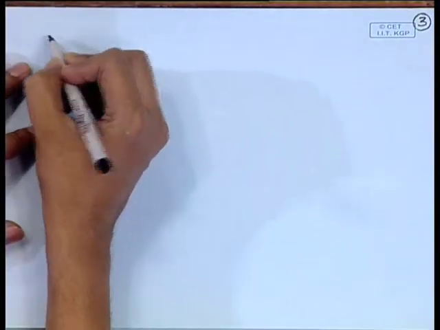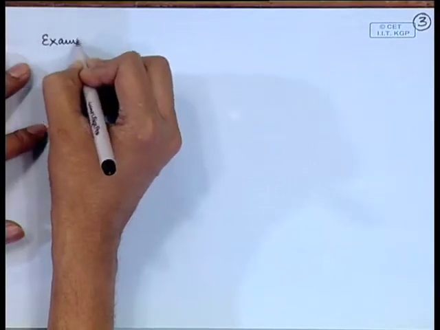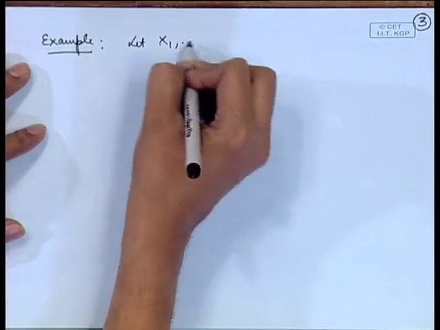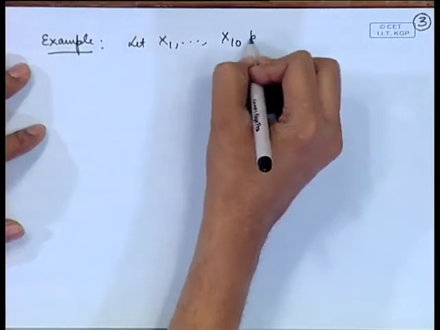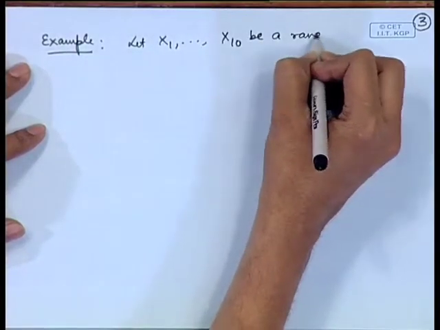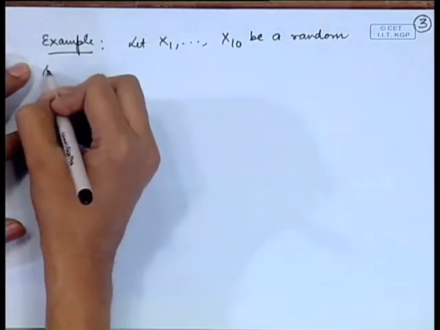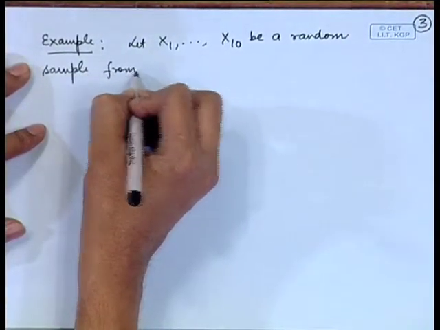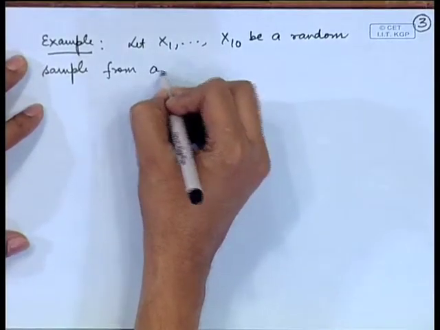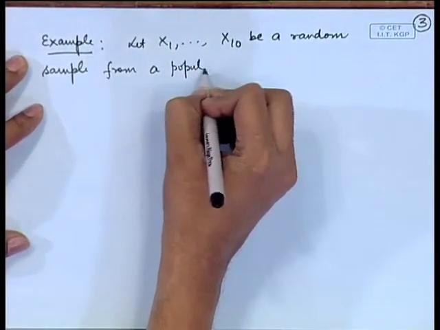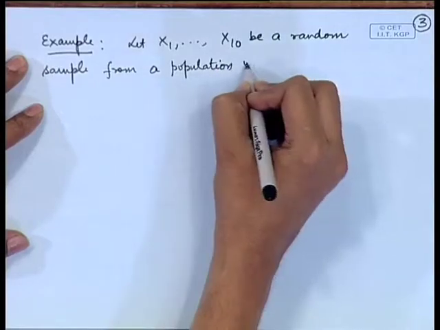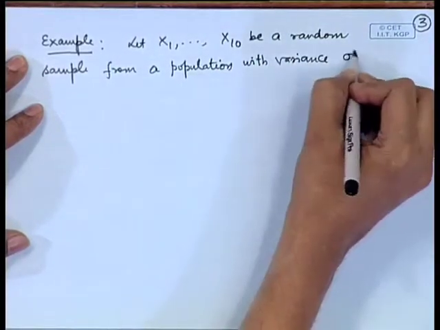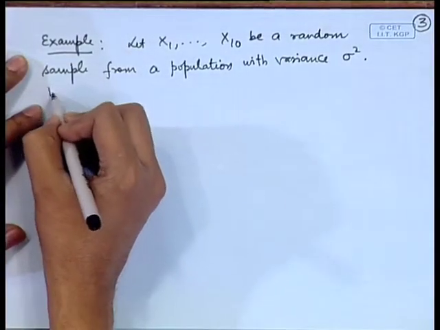Let us consider, let x 1, x 2, up to x 10 be a random sample from a population with variance sigma square.